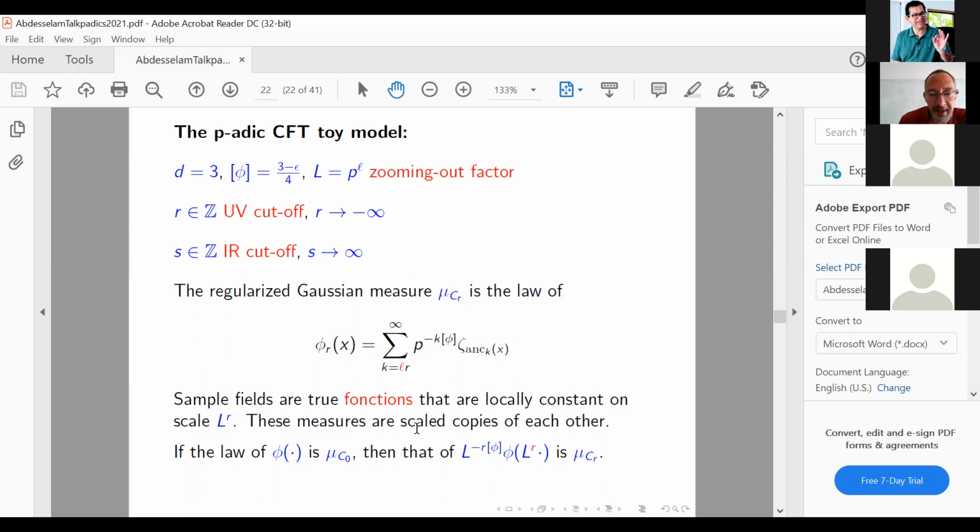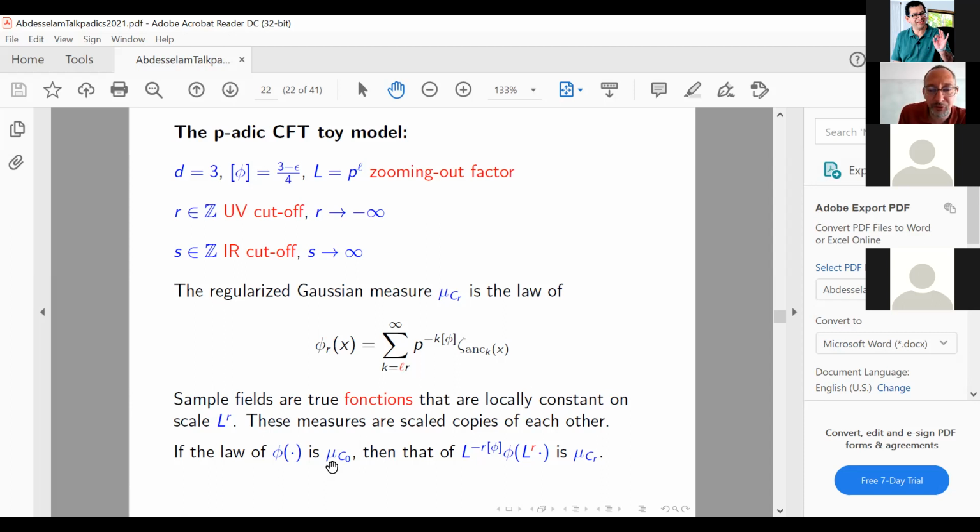When you do this, this is a random field which is made of locally constant functions, which are locally constant at scale L to the R. They're not compactly supported, but they're nice functions. Moreover, there is a nice action of scaling by powers of L, which relates these probability measures to each other.